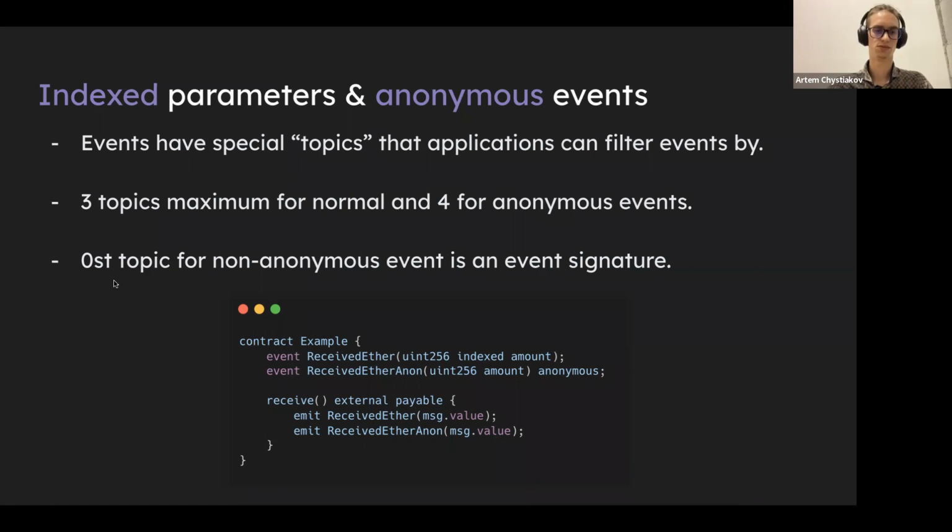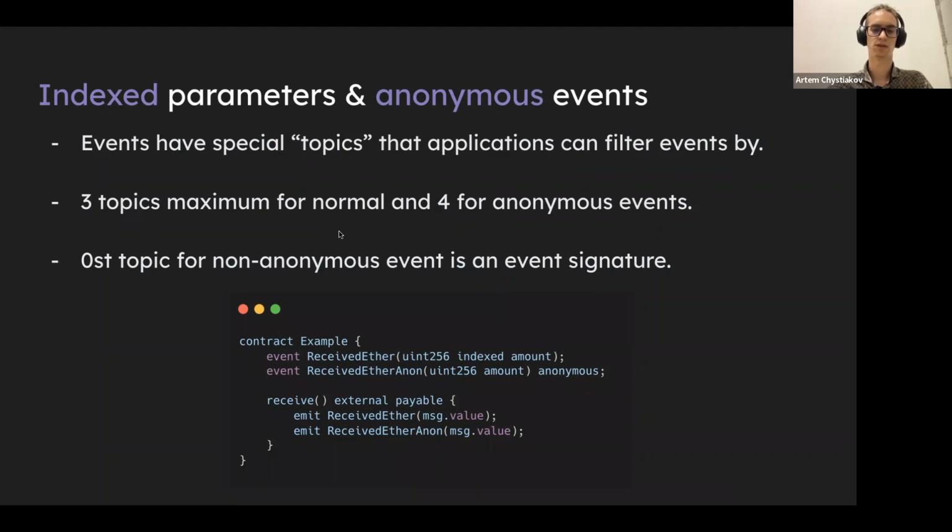So the 0th topic of a non-anonymous event is the event signature. It is the hash of the signature of the event. Actually, it might not be the first 4 bytes, but the whole hash of the event is placed into the topic.